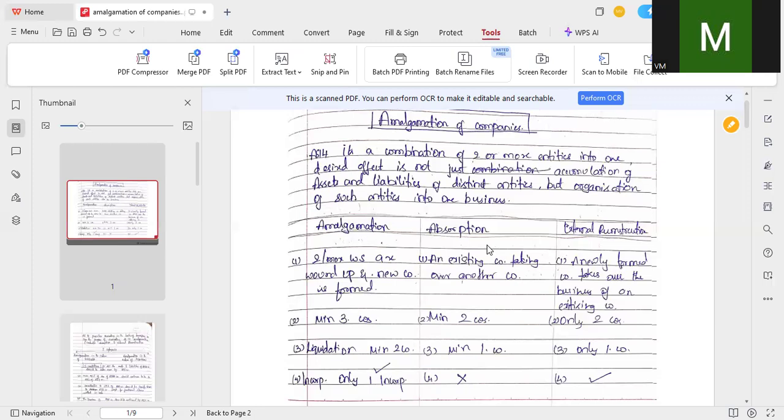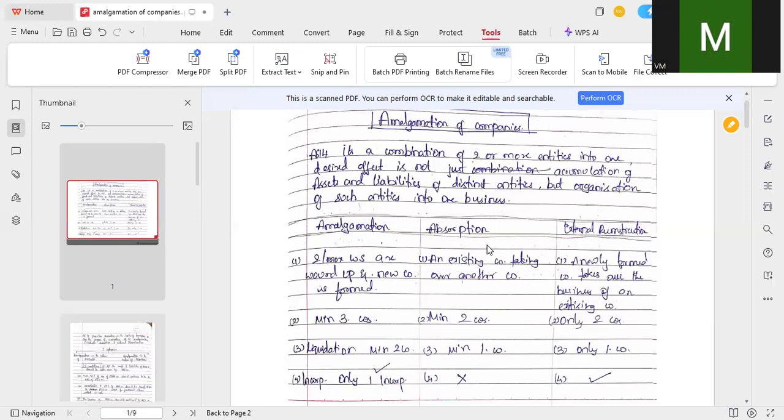So the two companies are wound up to form one new company. The new company is not just a combination of assets and liabilities of two companies, but the organization of such entities into one. Meaning, what these two companies have been doing as business for so many years should be continued by the new business which is taking over.